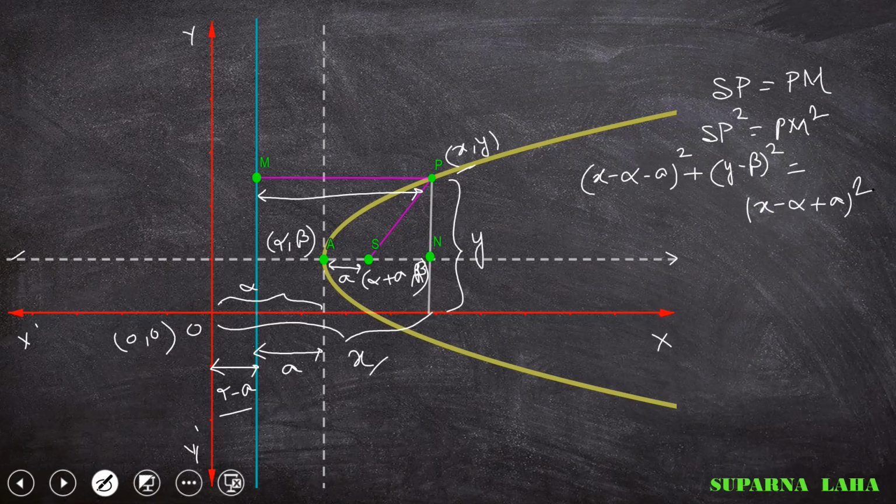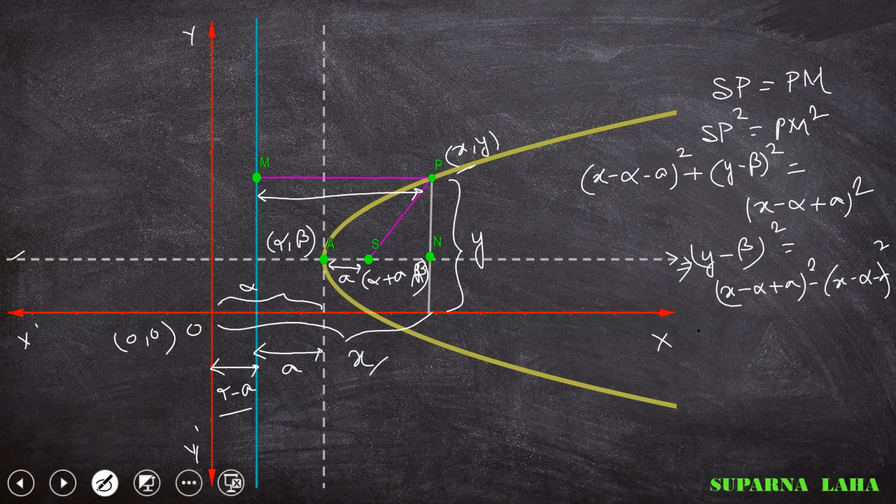Now if I just break the square, you will find y minus beta the whole square is equal to x minus alpha plus a the whole square minus x minus alpha minus a its whole square. Now put the formula a square minus b square.